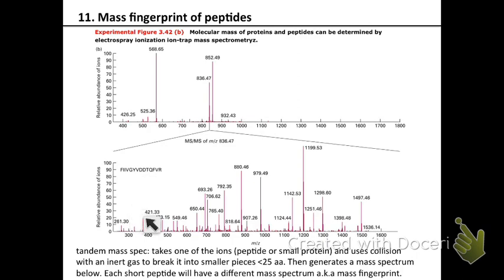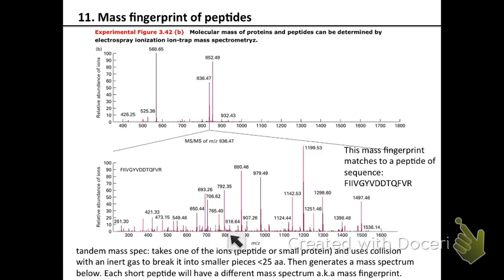And then what you have to do is take this mass fingerprint and match it to a database that contains all the possible mass spectra coming from all the possible amino acid sequences of short peptides. Does that make sense? Each of these short peptides is going to have a stereotypical mass fingerprint.